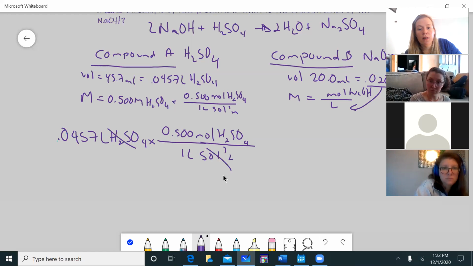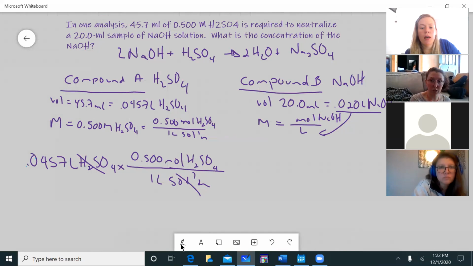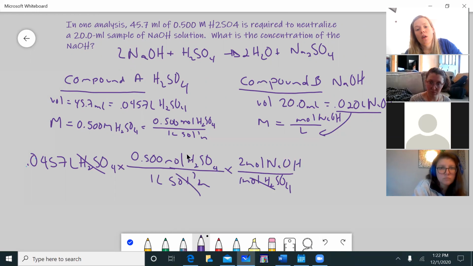The liter will cancel. Now I'm in moles of my H2SO4. So now I have to do the stoichiometry. And in this case, we can see that there is a 1-to-2 ratio. So 1 mole of H2SO4 for every 2 moles of the NaOH.